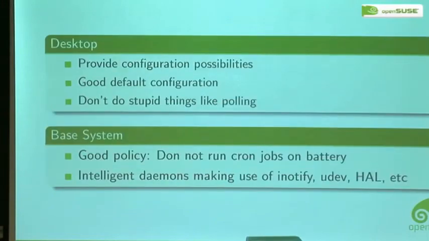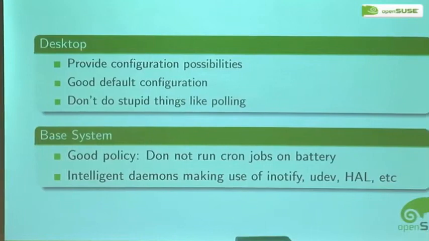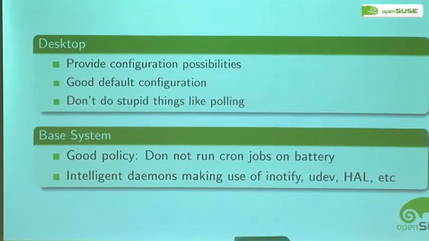Then there are the desktop applications or the desktop developers. They have to pay attention to making the applications configurable so that later on distributions or vendors can ship an Energy Star compliant default configuration, and of course they shouldn't do something bad like polling all the time, and they should make use of new technologies to react to events and not to poll every time.